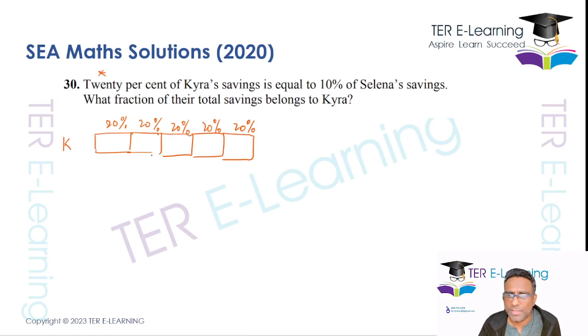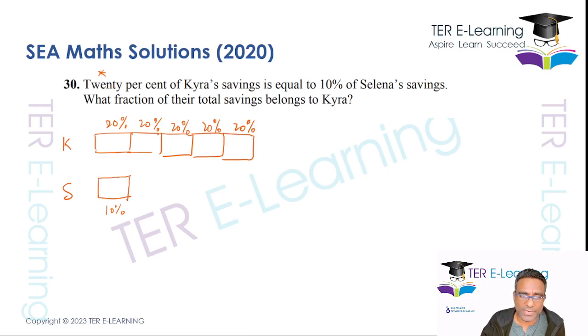Now 20% of her savings is equal to 10% of, so this is Selena's now, right? So therefore, this here is actually equal to 10% of Selena's savings.